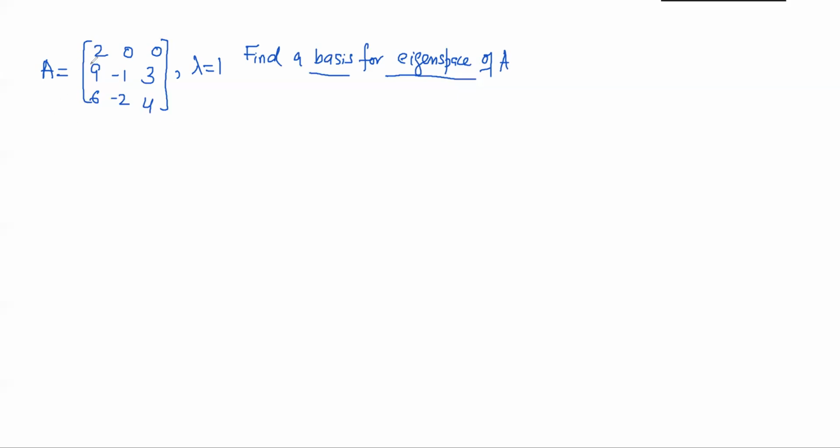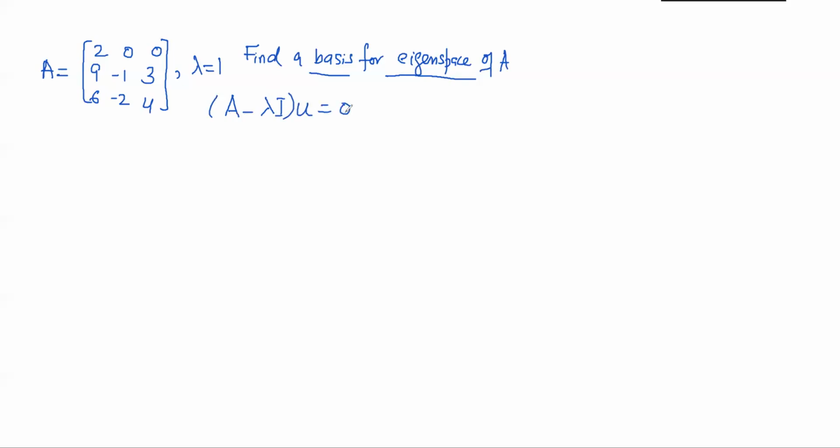For finding the basis, you will observe that the eigenspace of this given system will be the solution of the homogeneous system, because the system is something like this: A minus, this is the equation which we use.